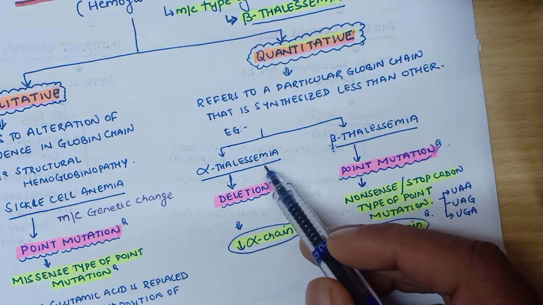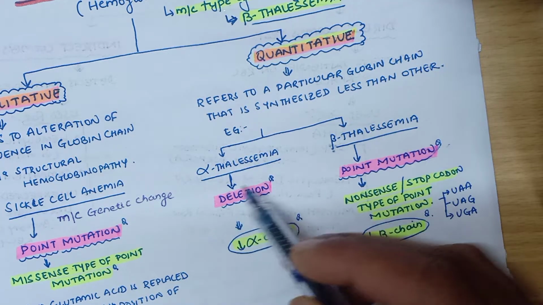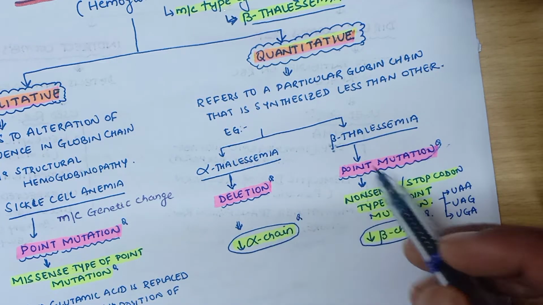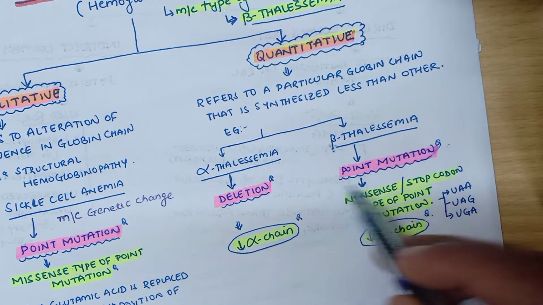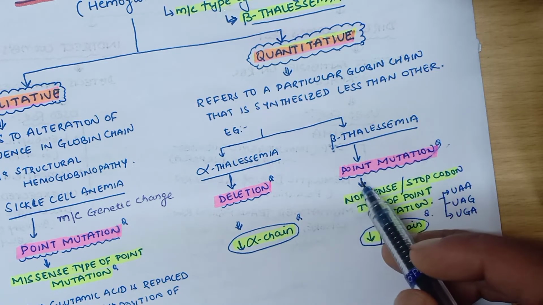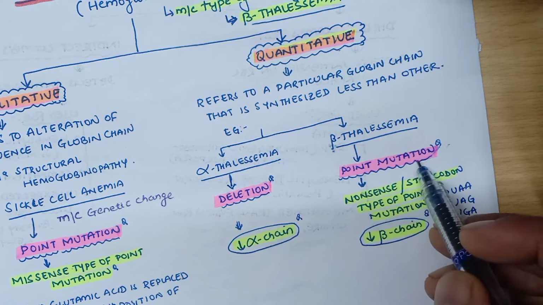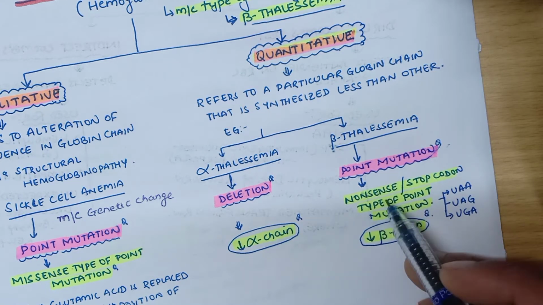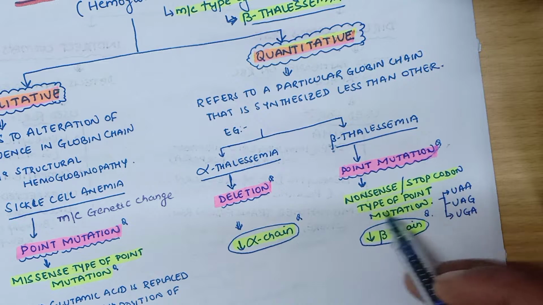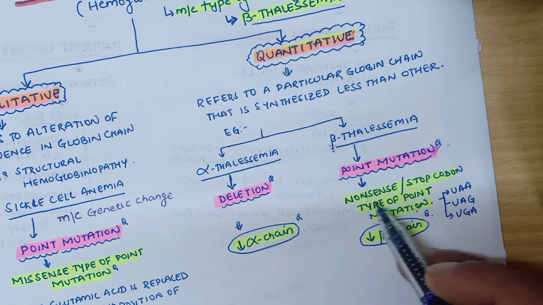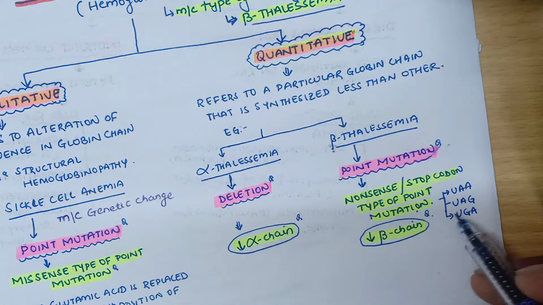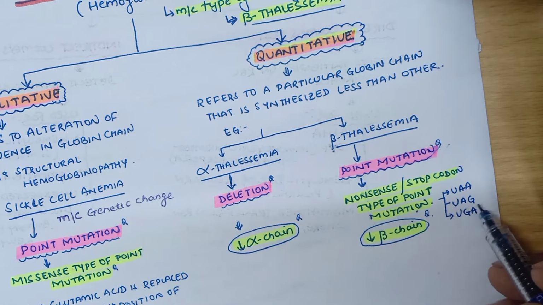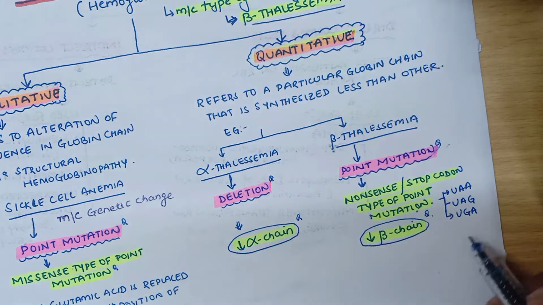Alpha thalassemia is due to deletion in the globin chain, whereas beta thalassemia is due to point mutation. What kind of point mutation? It is nonsense or stop codon type of point mutation, which encodes UAA, UAG and UGA.